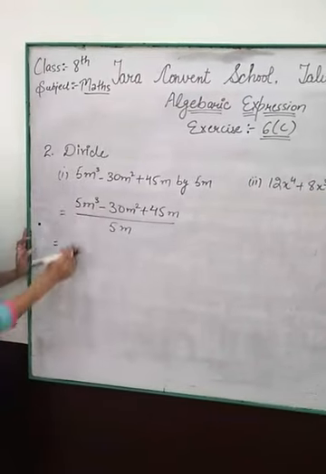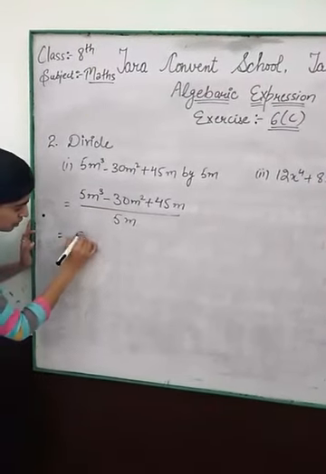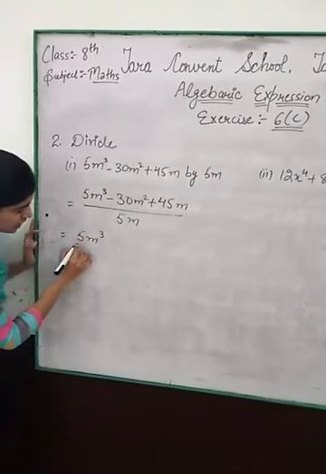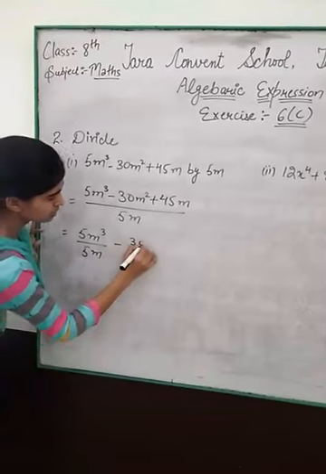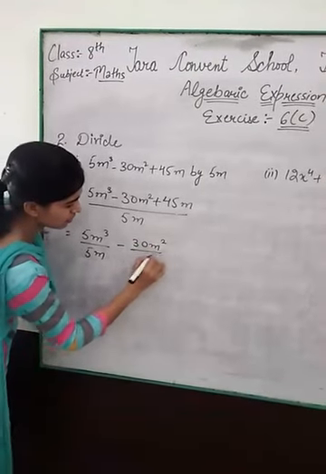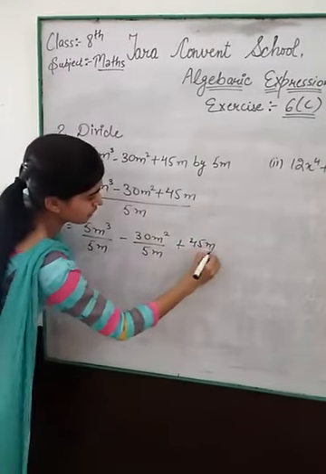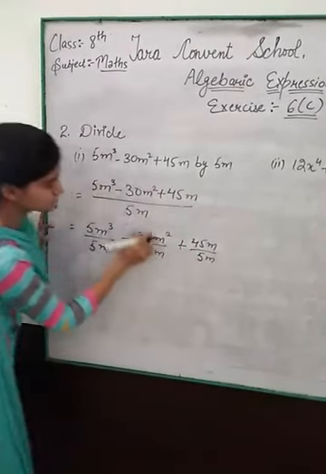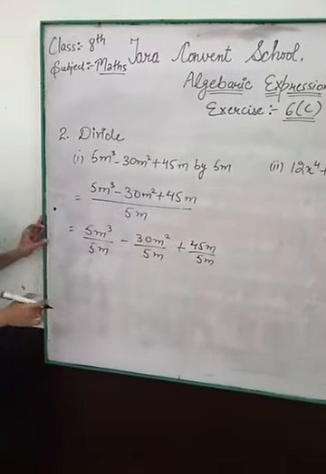This is the numerator and this is the denominator. We can write 5m cube upon 5m minus 30m square upon 5m plus 45m upon 5m. Meaning this denominator we can write downside of each numerator.